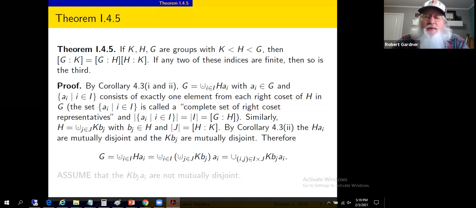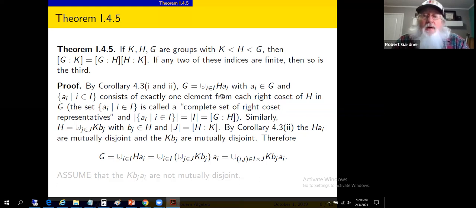In algebra, the disjointness is often not an issue. It is here because we're trying to establish a cardinality result, to count. But we do get this disjointness. Corollary 4.3 told us right cosets partition G.